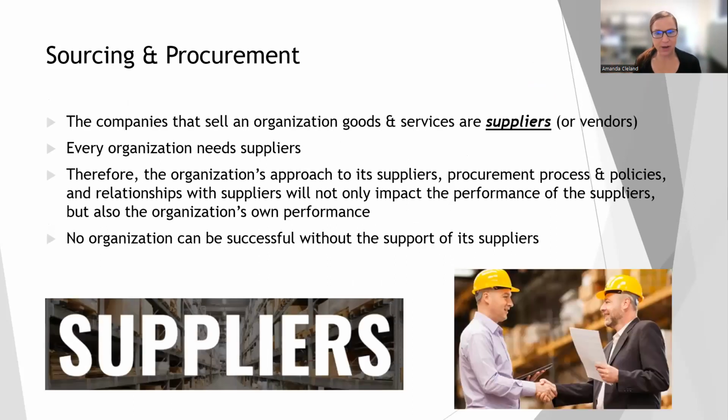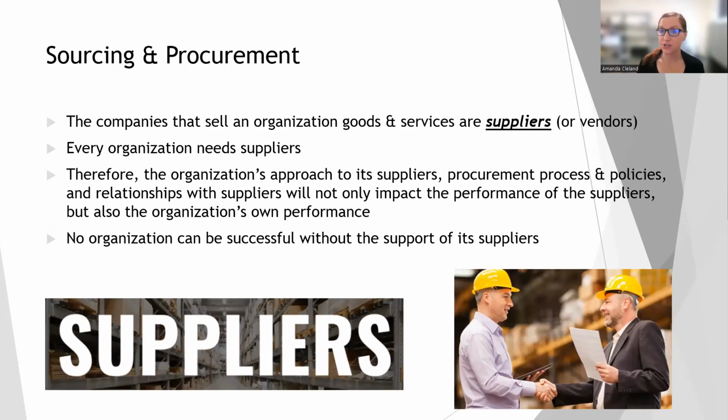So when I say supplier, what do I mean by that? The companies that sell another business goods and services are suppliers. Sometimes you'll hear the word vendors used. And every single organization needs suppliers.